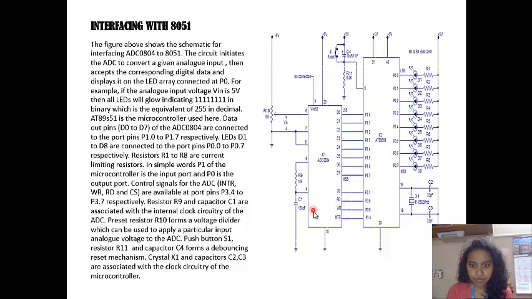And since VCC is 5 volts, we don't need VREF by 2. So when we provide V in 5 volts, all LEDs will glow, indicating all 1111, that is the equivalent of 255 in decimal. So that is the interfacing of the 0804 ADC with the 8051 microcontroller.